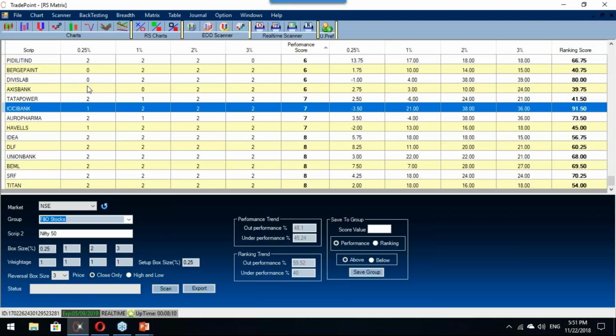But as far as relative strength is concerned, 0.25% box size is very, very dynamic. So you will be better off looking at 1% and maybe 2% also, and get a holistic picture. Don't get influenced by what is happening in 0.25% alone, right?